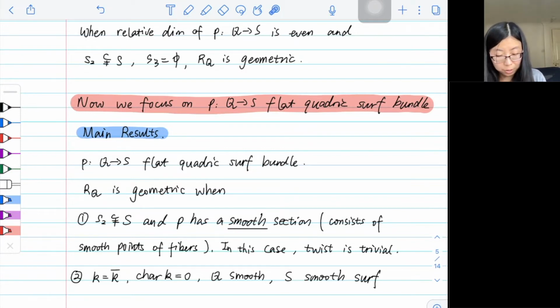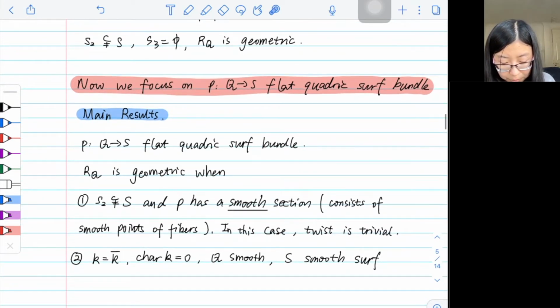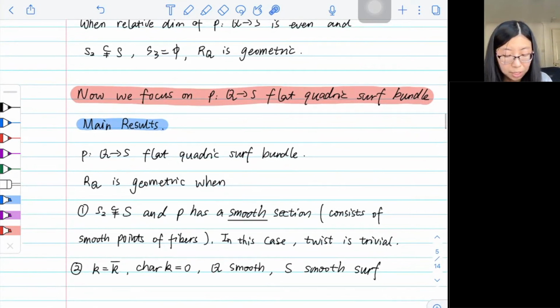We all know what a section of a bundle is. Here, smooth just means that this section consists of smooth points of the fibers. In this case, actually, there's no twist, so the residual category is just equivalent to the derived category of some scheme.